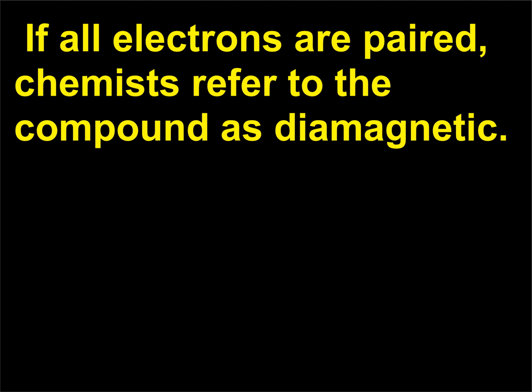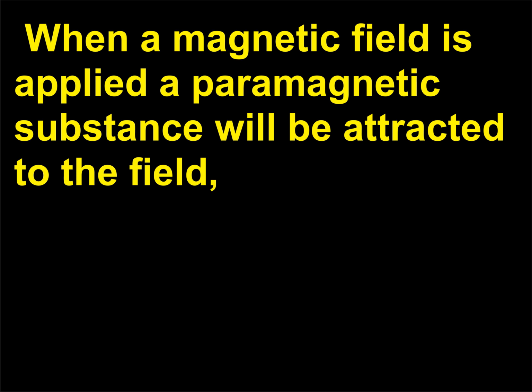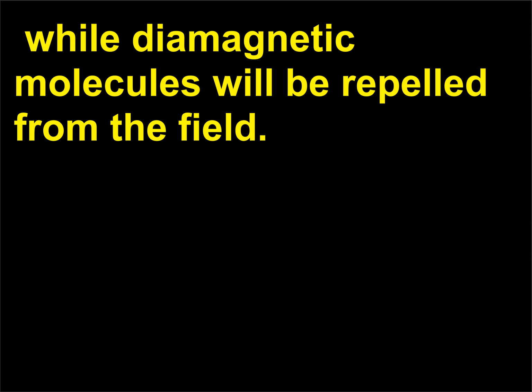If all electrons are paired, chemists refer to the compound as diamagnetic. When a magnetic field is applied, a paramagnetic substance will be attracted to the field, while diamagnetic molecules will be repelled from the field.